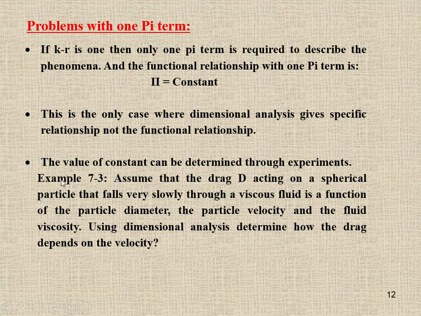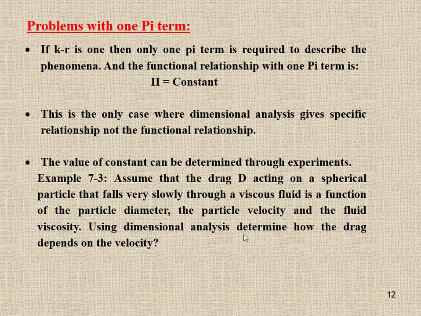Okay, so example 7.3 you can check, how exactly they did that. You must go through your book and see example 7.3. So what exactly is the case? Assume that the drag force acting on a spherical particle that falls very slowly through a viscous fluid is a function of the particle diameter, the particle velocity and the fluid viscosity.